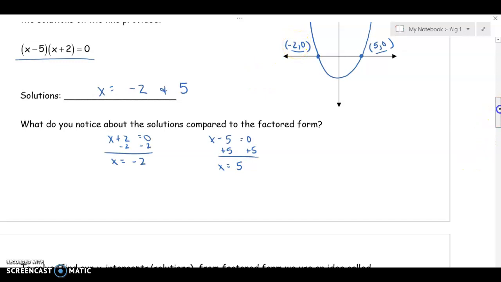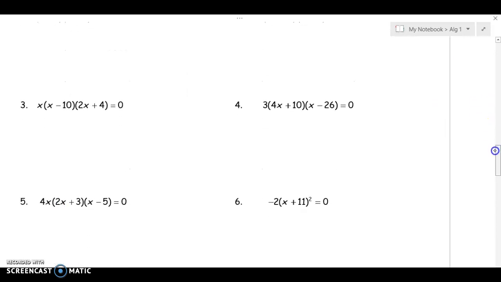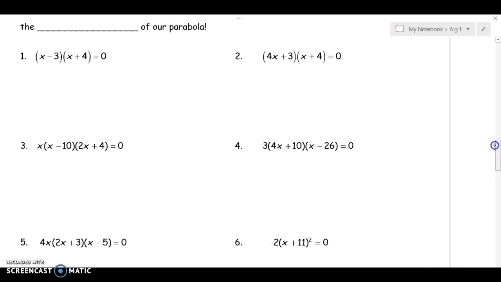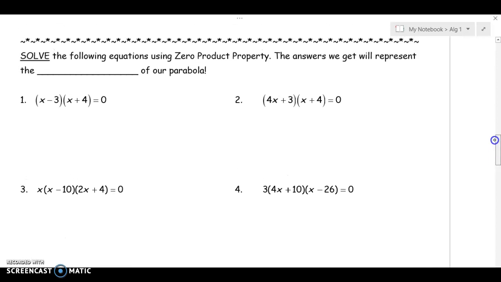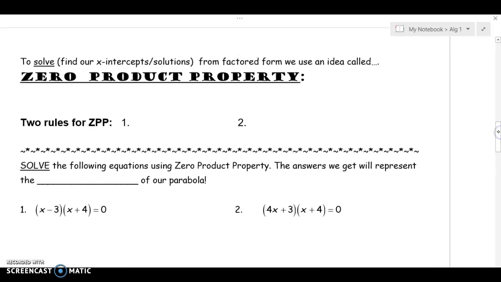All right, and so that's what we're going to be doing with these problems. We're going to be using something called the zero product property. Once something is factored, which you'll notice all of the problems on this page are, we'll do some that won't be factored soon, but for now all of these are factored. Once a problem is factored, you can use the zero product property, which is actually something you already knew.